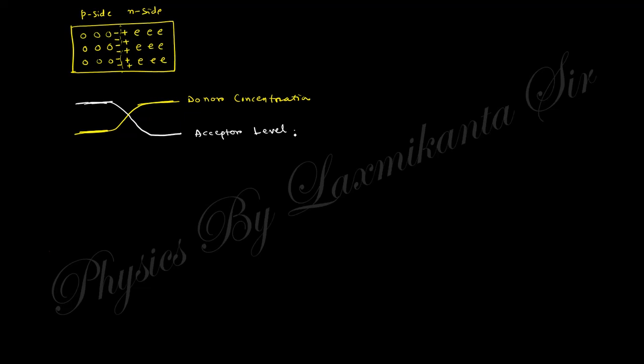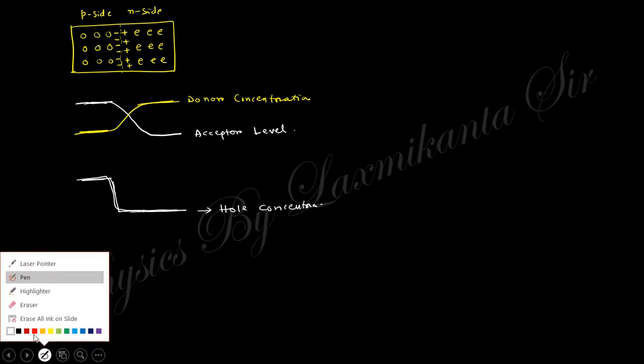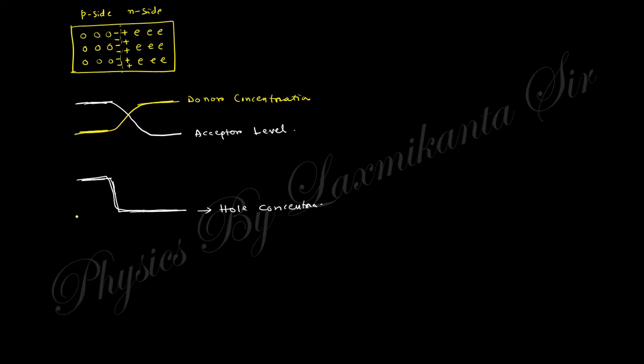Okay. After that, if you want to know the hole concentration, the hole concentration is large here, there is none here, and very few there. So this is the curve of hole concentration. And the electron concentration will be like that. There is a large number of electrons here and a zero number there.